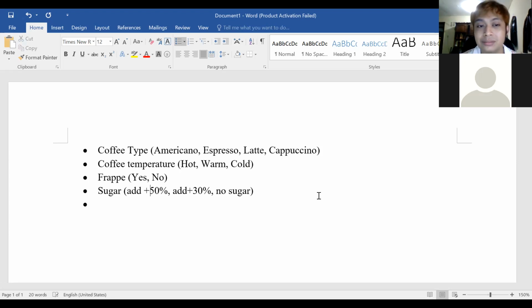The final one is normal. Sugar is actually the one that you add, right? When you go to Starbucks, they will ask, more sugar, less sugar, normal or no sugar.